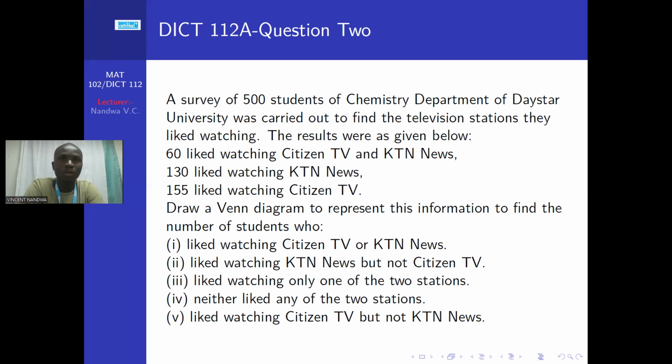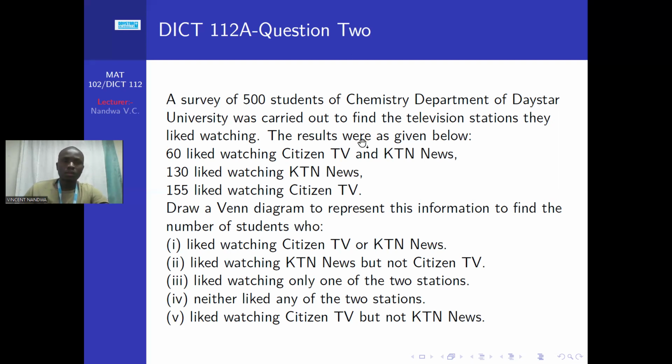So we'll draw a rectangle to represent our universal set, whose cardinality would be 500, corresponding to the total number of students in the survey. And then inside the rectangle, we draw two circles to illustrate the set for those who like watching Citizen TV and the other set for those who like watching KTN News.